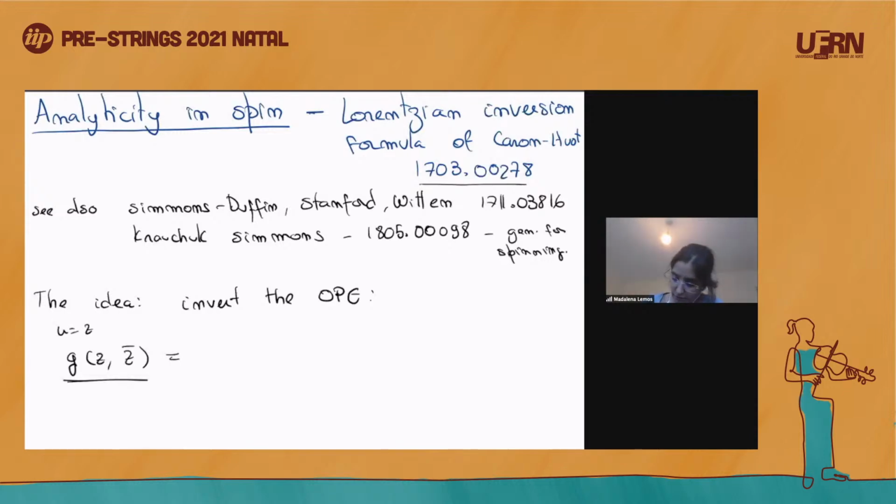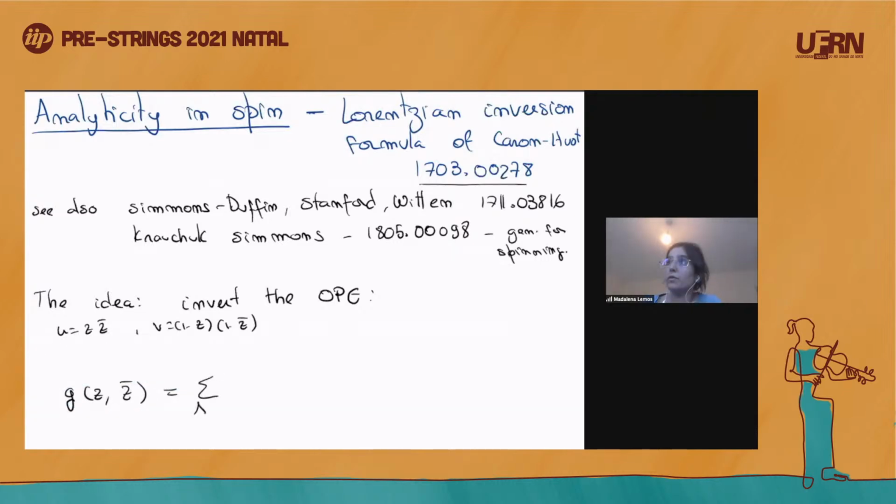Remember, I was going back and forth between U and V and Z and Z bar. And then this correlator admits a decomposition in conformal blocks, as we discussed.